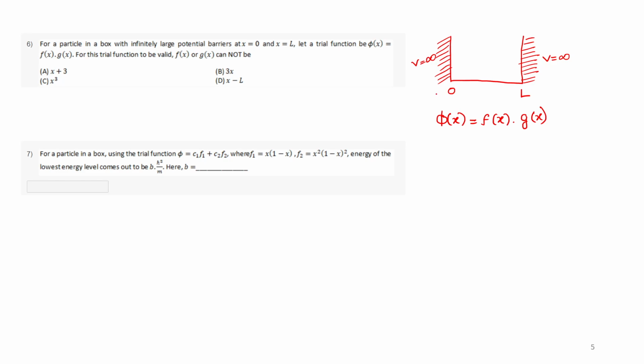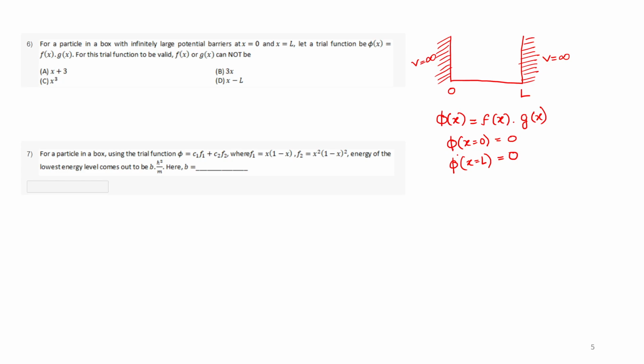It should follow the boundary conditions for the system. Your phi of x at x is equal to 0 should be 0, and phi of x at x is equal to L should also be 0.